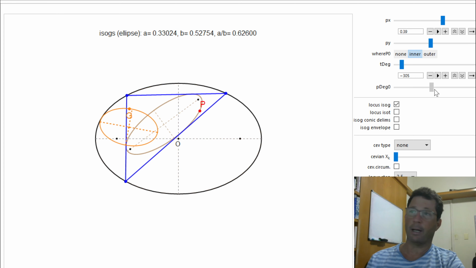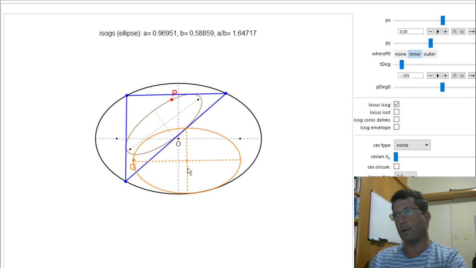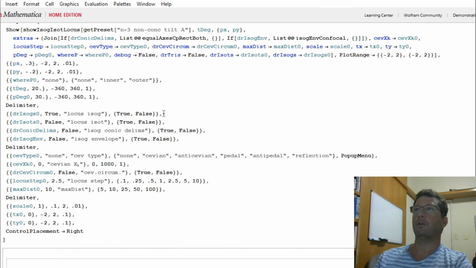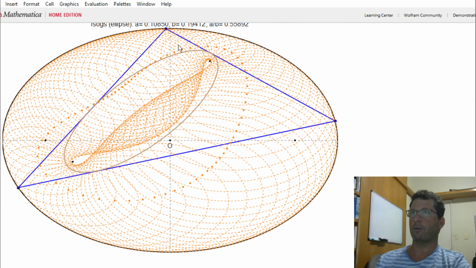Now, I've done some numerical tests, and in fact, I can easily show you what the locus of the center point is as we sweep P. Let's find that on my other notebook. I have that right here. You can see that there are individual ellipses that represent each one of the isogonal loci for a particular position of P. But what I'm interested in is getting a visualization of what the centers of those ellipses are doing.